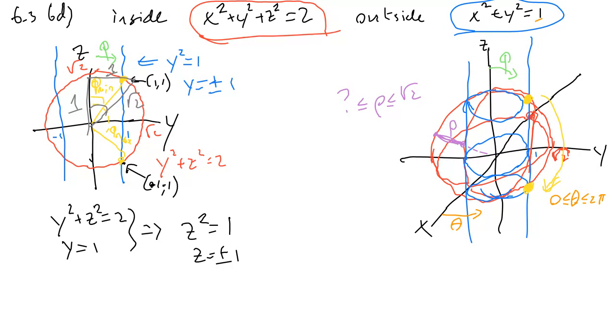I will not go over that again. So this is the angle from the positive z-axis. This is angle pi over 4, and this angle will, by the same reason, be 3 pi over 4. So you can see from the picture that phi will be between pi over 4 and 3 pi over 4.